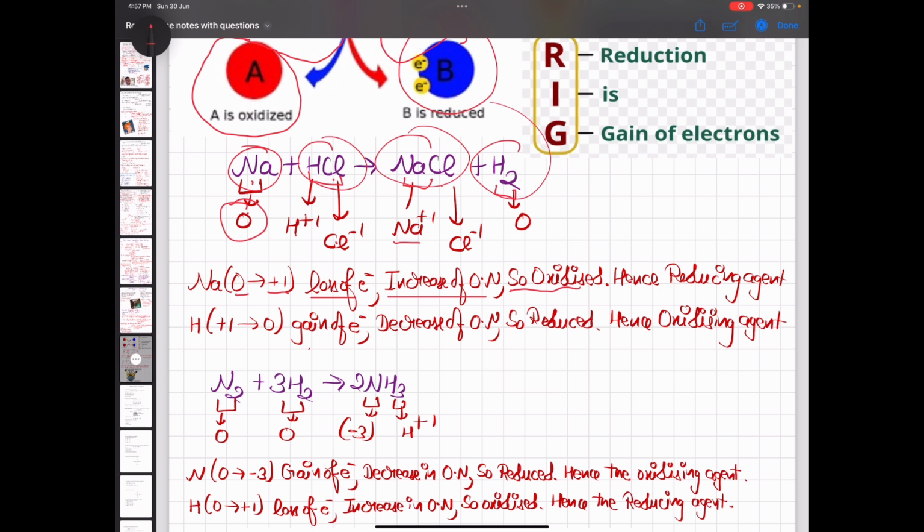Where are these electrons going? These electrons are going to hydrogen. Hydrogen is gaining those electrons. So Na is helping hydrogen to get reduced. So Na is getting oxidized, that is true, but it is also helping as a reducing agent.